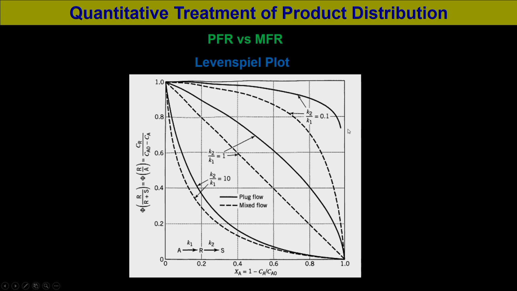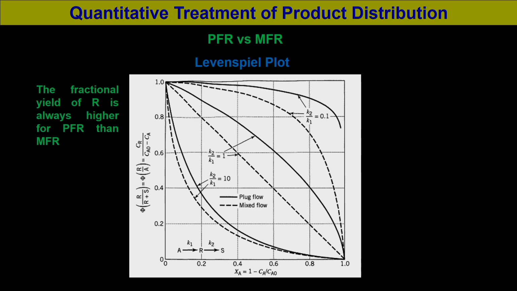This plot clearly shows that the fractional yield of R is always higher for PFR than MFR.